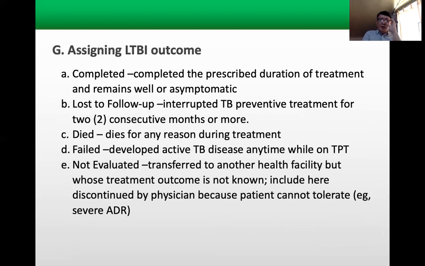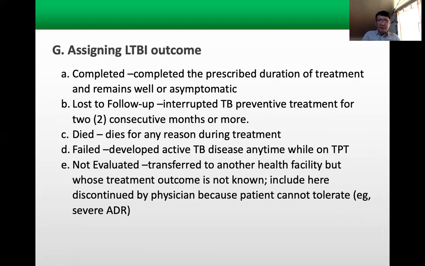Assigning LTBI outcome. At the end of each treatment, we are going to assign the outcome. Completed means completed the prescribed duration of treatment and remains well or asymptomatic. Lost to follow-up: interrupted TB preventive treatment for 2 consecutive months or more. Died: dies for any reason during treatment.